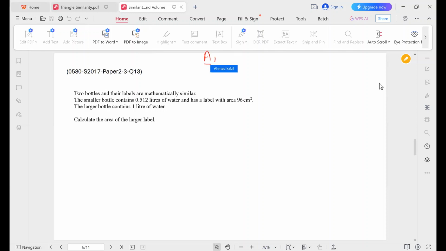A1 over A2 equals S1 over S2 to the power of 2. V1 over V2 equals S1 over S2 to the power of 3. And we plug in the given quantities. So we have two volumes given, 1 liter and 0.512 liters. So obviously the 1 liter is the bigger volume.